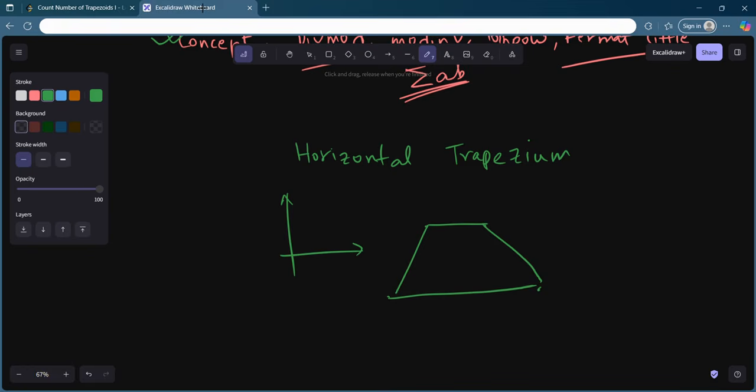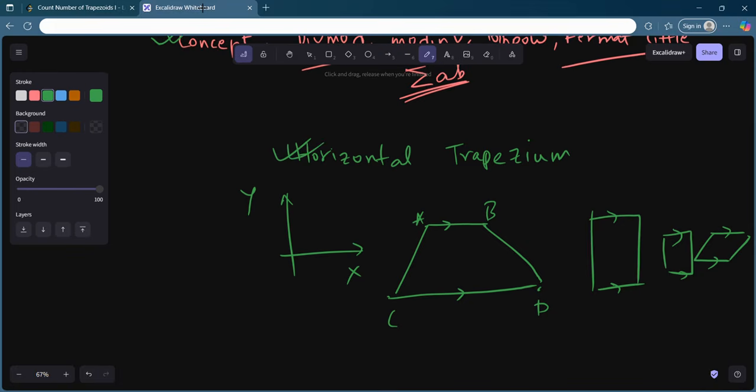If this is the x-axis and y-axis, these lines must be parallel to the x-axis. So this is a horizontal trapezoid. Even any rectangle or any square or this kind of parallelogram where these two sides are parallel to the x-axis, they all come under the category of horizontal trapezoid.